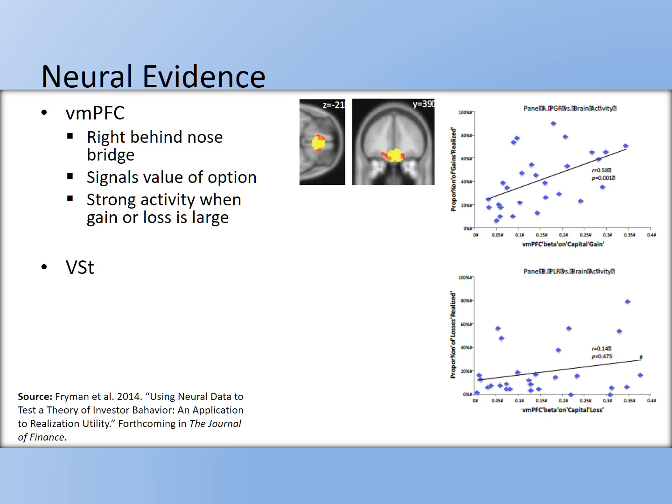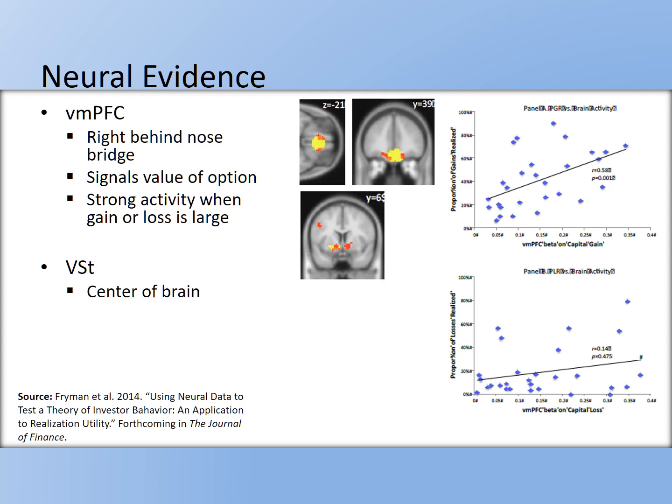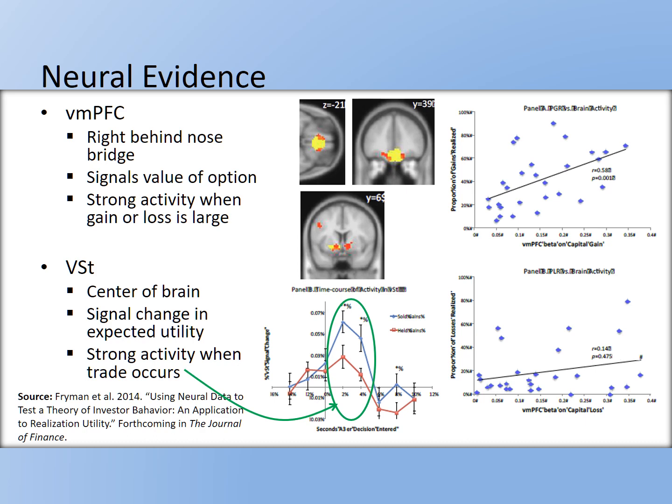There's another region that you can look at called VST, which is at the center of the brain, right here. It signals change in expected utility. This is quite interpretational, but it's supposed to signal the change in expected utility. And once again, you can look at what happens to that particular region when people trade. This time, for this diagram, the vertical axis is blood flow, unlike the other two diagrams.